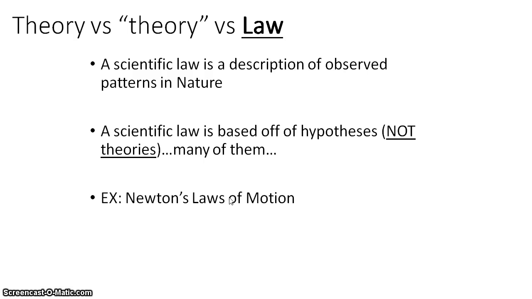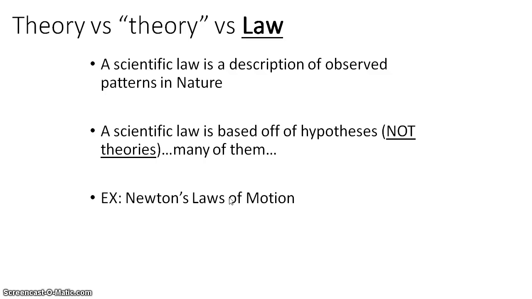A scientific law is based off of hypotheses. For some reason, a lot of you think that a hypothesis can become a theory, and then a theory can become a law. That is not the way it goes. Scientific laws actually come from hypotheses just like theories do. Many of them do.